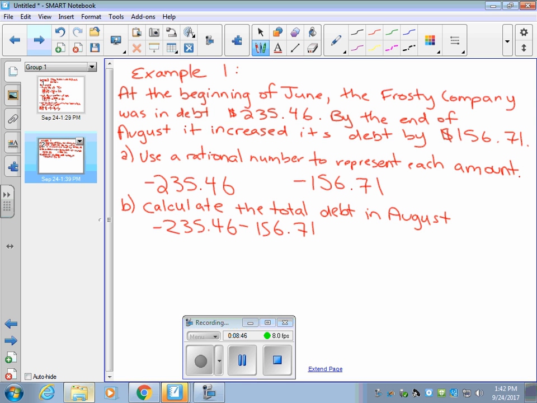So negative 235.46 minus 156, since you're subtracting, you can actually just add those numbers together and put a negative sign in front. So that gives you negative 392.17, and we'll add the dollars in front. So they're now in debt by $392.17.